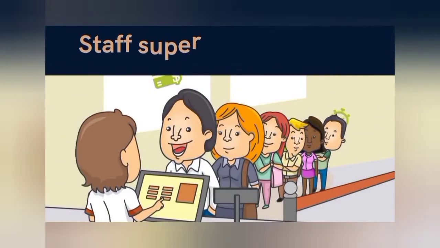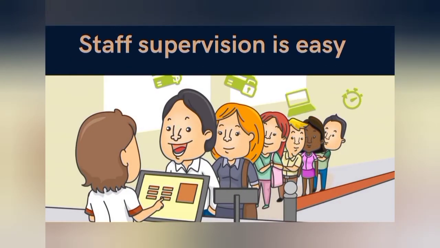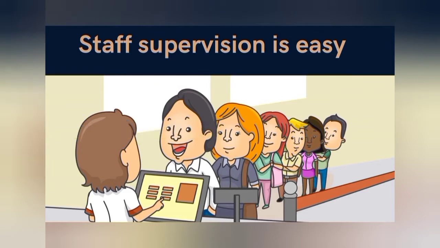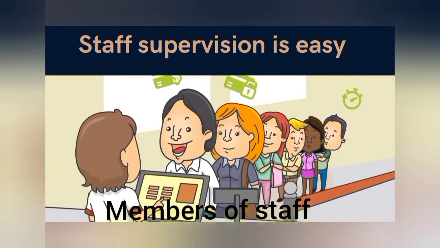Let's look at the fourth. Staff supervision is very easy when office procedure is followed effectively. When organizations adhere to office procedures, it will definitely make supervision easy. That is between the management and the other members of staff.